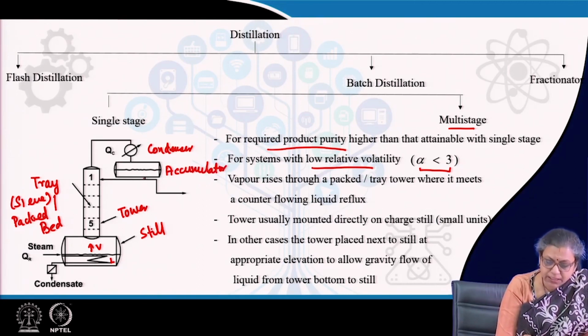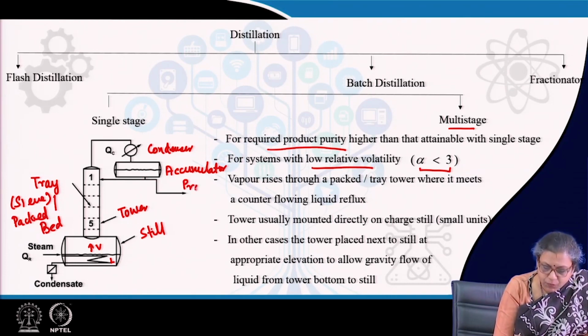From the accumulator we get one product which is definitely richer in the more volatile component. Some amount of this product we take out, say the flow rate is D, or rather the yield is D, and the composition is XD.